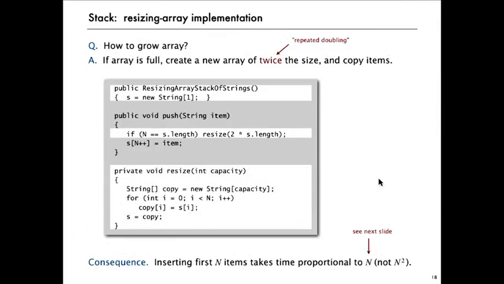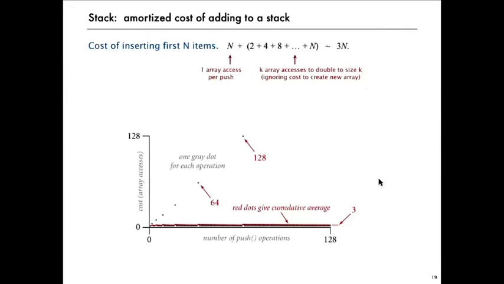So the consequence of this is that if you insert n items into a stack with this array representation, the time will be proportional to n, not n squared. The reason is that you only create a new array every time it doubles, but by the time it doubles, you've inserted that many items into the stack.